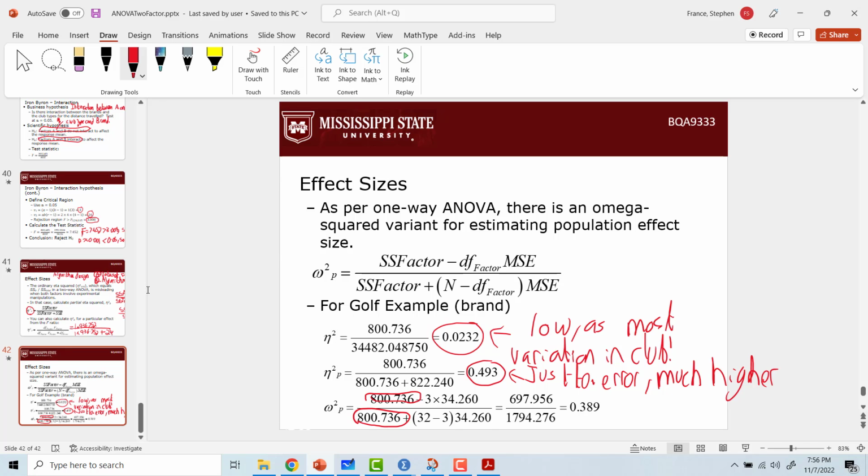But rather than just dividing by the error, we're adjusting for sample bias. So here we subtract the degrees of freedom of the factor, which is 3 for brand, times the mean squared error.